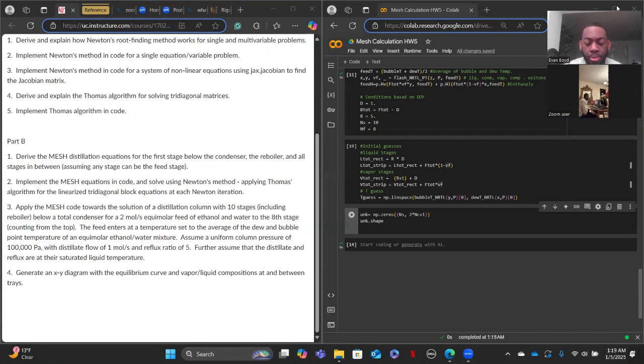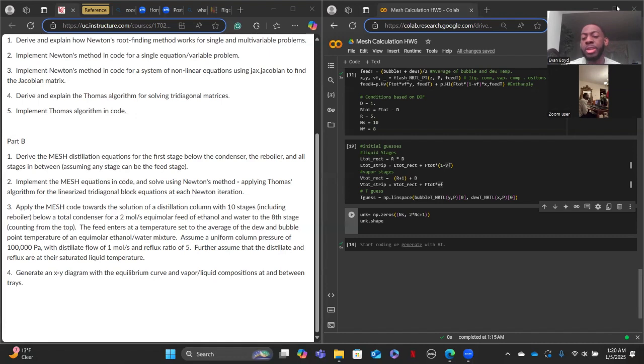Okay. From there we have our liquid total of the stripping section, which is the total liquid coming down from the rectifying stage, plus the liquid feed, times one minus our vapor fraction.